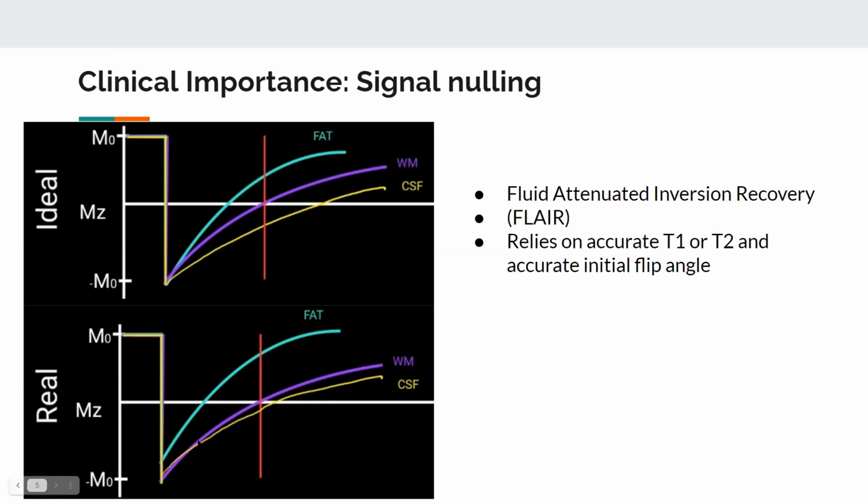And what ends up happening is that it shifts the point at which some of these spins will become nulled, or have zero magnetization in the Z direction. So if you image, you might not be just nulling white matter here, but also CSF. And this might not seem like a particularly big difference, but at higher field strengths, this becomes a bigger issue because it becomes magnified and you see it a lot clearer.